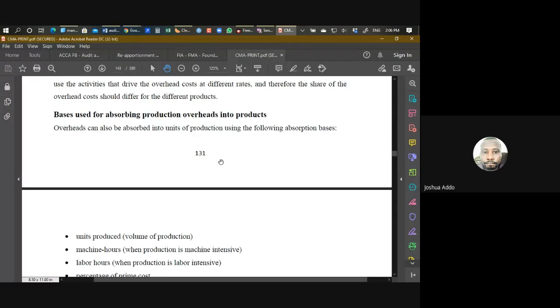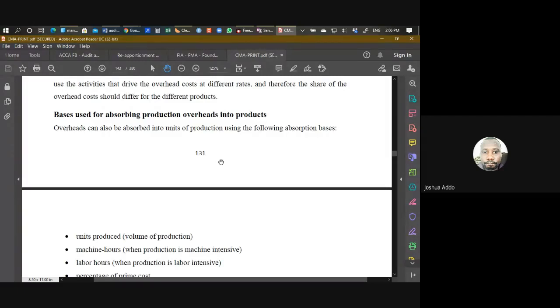Okay, so apart from this, we can have some other bases, such as units produced. Using units produced, the logic is that the indirect costs incurred in the organization are generated by production of the units itself. So the more we produce, the more overhead costs come. And therefore, it makes sense that we use the number of production.